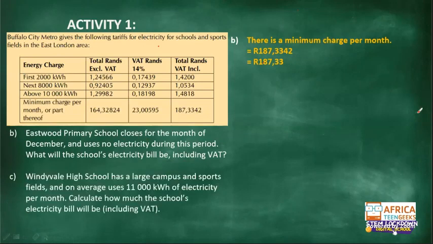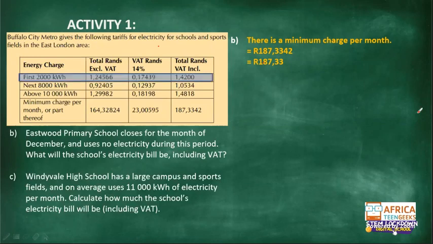Okay, part C. Windy Vale High School has a large campus and sports fields, and on average uses 11,000 kilowatt hours of electricity per month. Calculate how much the school's electricity bill will be, including VAT. Now, basically, we're going to do the exact same thing we did with part A. We just know now that they use more than 10,000.